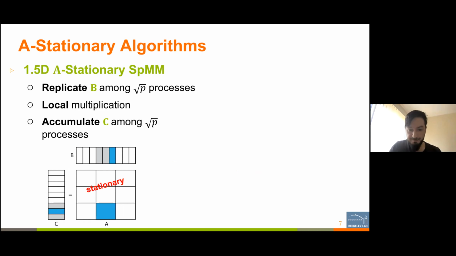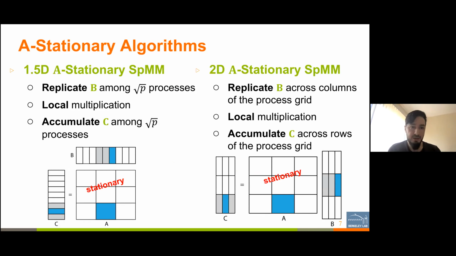So here are the two A stationary algorithms. In these figures, the blue submatrices represent the view of a process, and the gray submatrices represent which submatrices are replicated or communicated. As you can see, both algorithms have a similar structure.